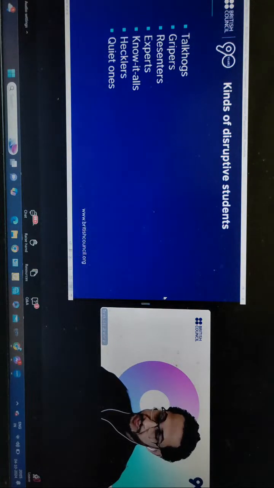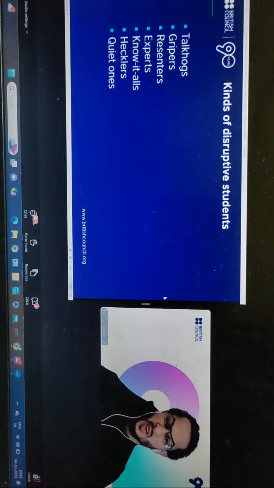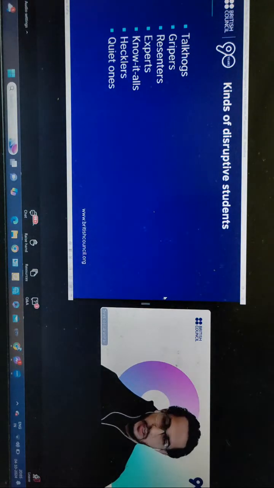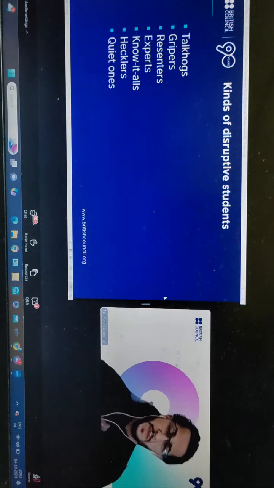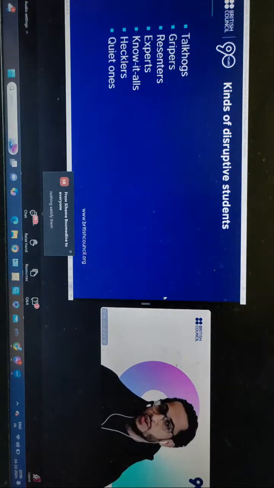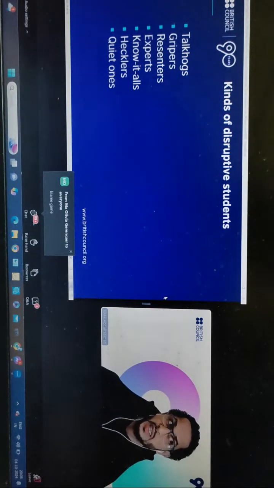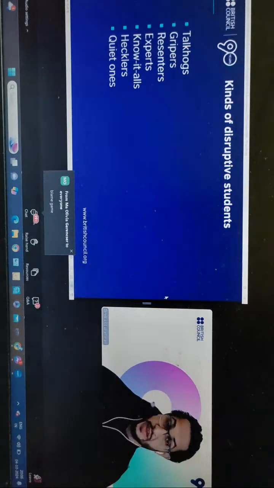So, resenters are students who have a negative attitude towards their peers or towards the teacher. They don't like the teacher or they don't like their peers. It's like hatred, okay?